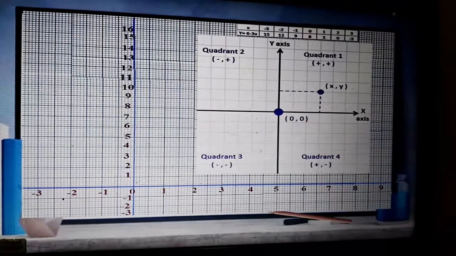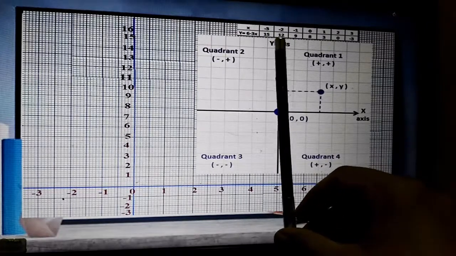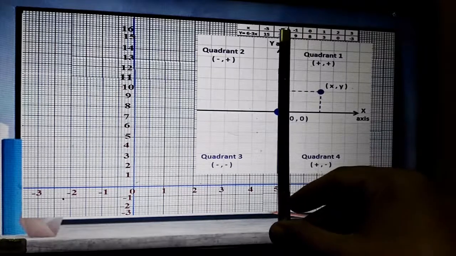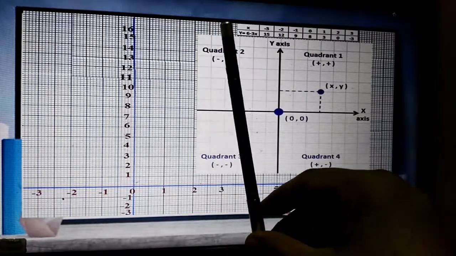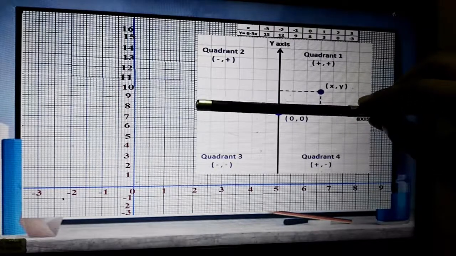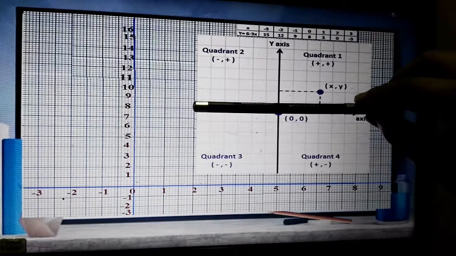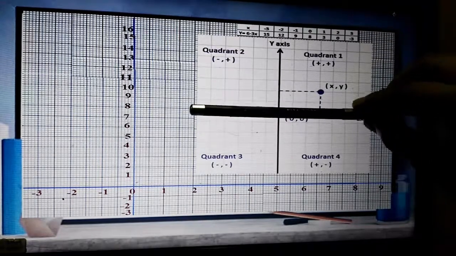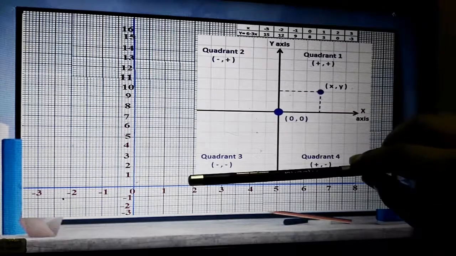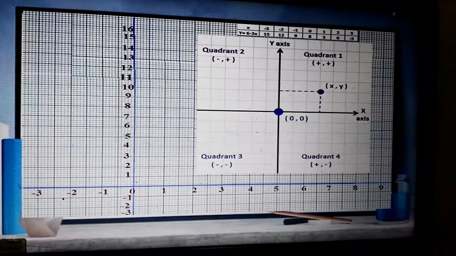To memorize easily, you can see that x is positive on the right side and x is negative on the left side of the Cartesian plane. Similarly, the values of y are positive in the upper direction from the origin, and the values of y are negative in the lower part of the Cartesian plane.